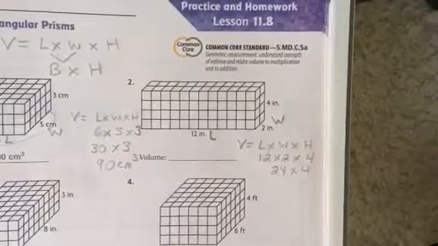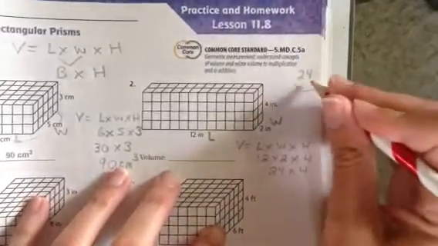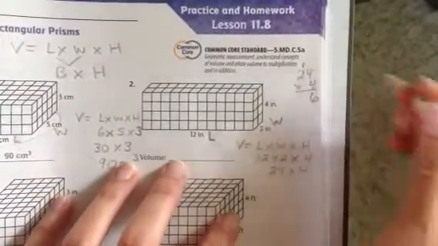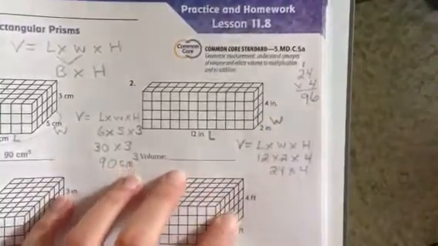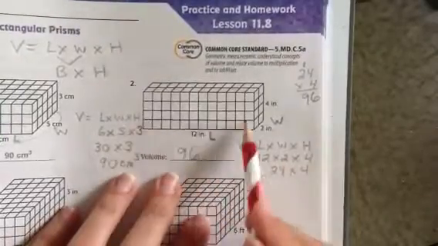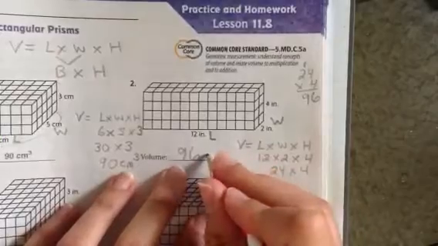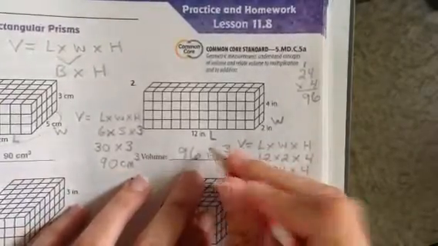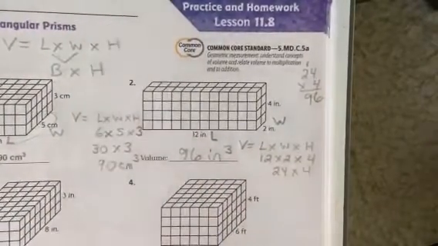So you might have to do a little bit of side work, and that's okay if you want to take a moment and do some side work over here. 4 times 4 is 16. Regroup. 2 times 4 is 8, plus 1 is 96. So that means there's 96 cubic units in this whole figure. And we're using inches and cubed because it's a 3-dimensional figure. Length, width, and height.